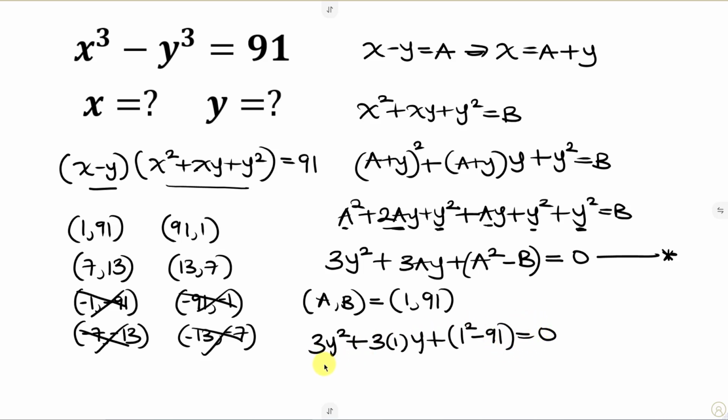So this results in a quadratic equation of 3y squared plus 3 times 1 times y is 3y, plus 1 squared is 1, minus 91, that will be negative 90. So I have negative 90 here. I'm going to be putting negative 90 here. And this is equal to 0.